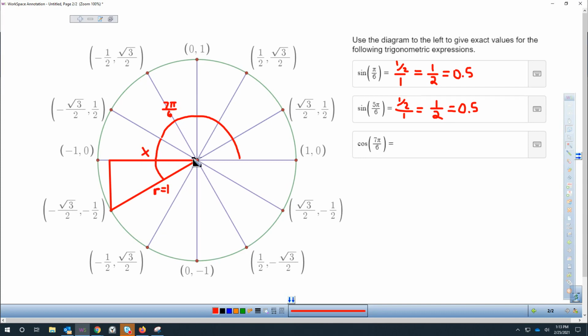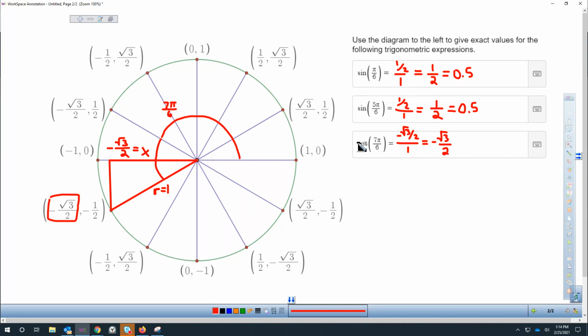The x value here is how far over I've gone to get to this point, and I can see it right here, that it's negative square root of 3 over 2. So this distance here is the negative square root of 3 over 2. So my cosine ratio is going to be negative square root of 3 over 2, divided by 1, and that's just going to equal the negative square root of 3 over 2.